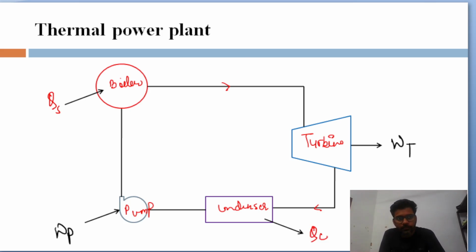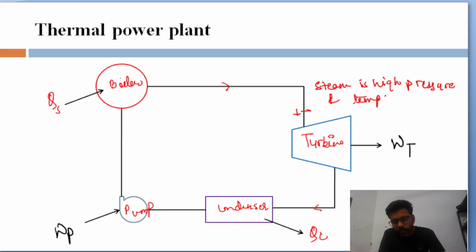We start from the turbine, say this is point 1. Here the steam is at high temperature and high pressure. When it enters the turbine, it expands, and after expanding it is at low pressure and temperature, and that is how it produces work.